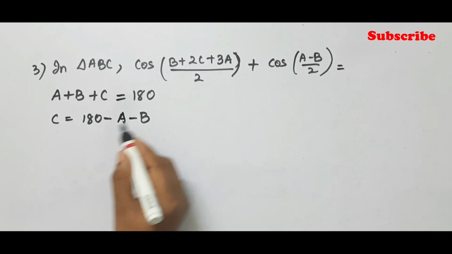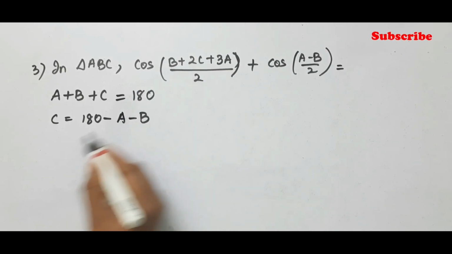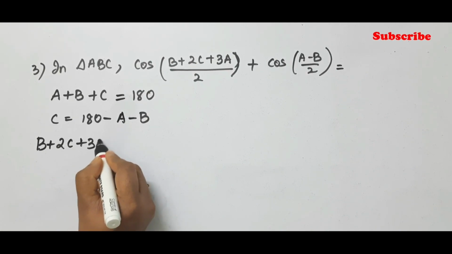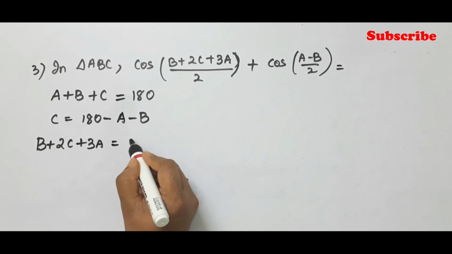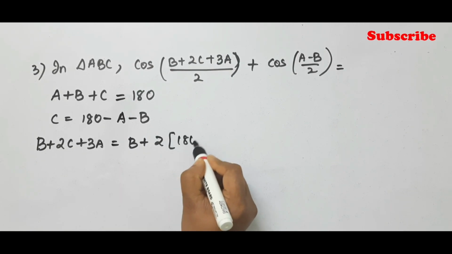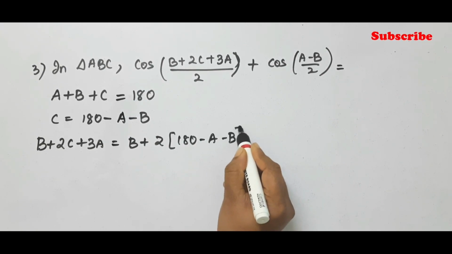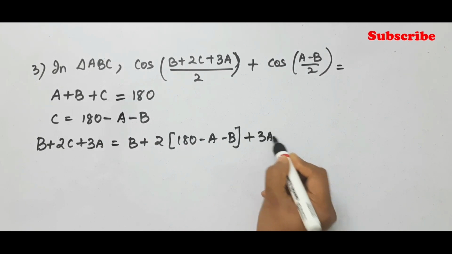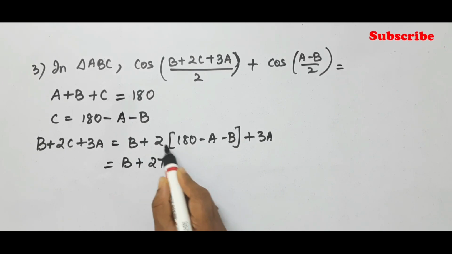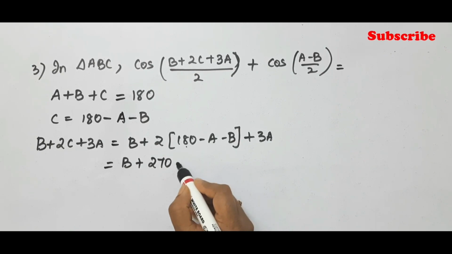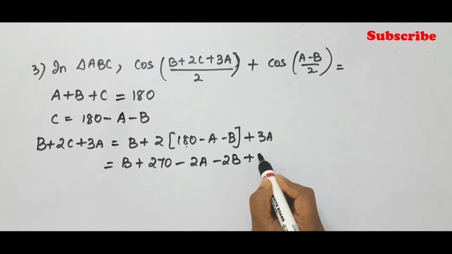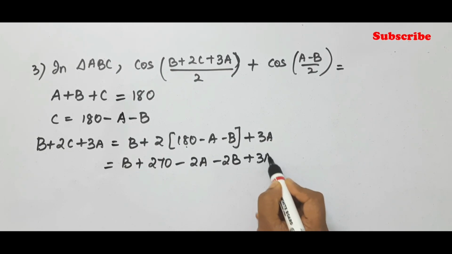So now we have to substitute the C value here, that is, the numerator B plus 2C plus 3A. If you substitute, this becomes B plus 2 into (180 minus A minus B) plus 3A. So this will be equal to B plus 360 minus 2A minus 2B plus 3A.